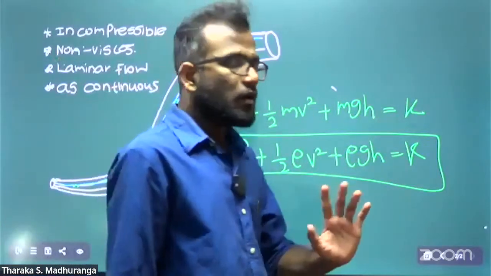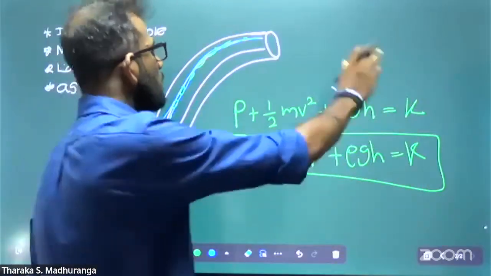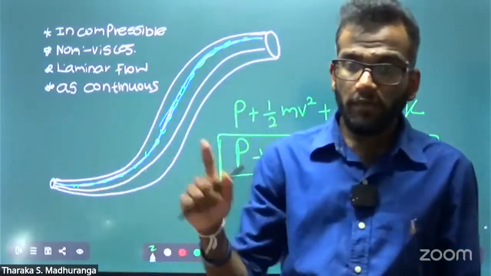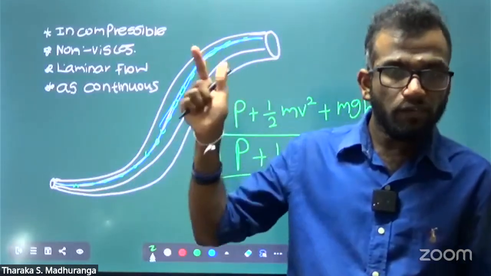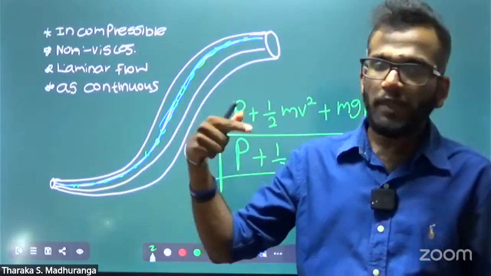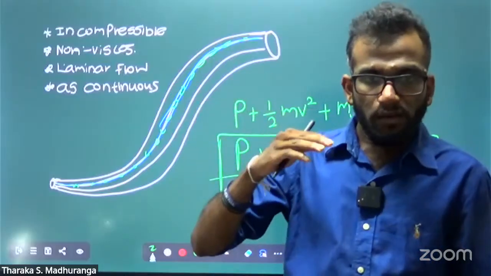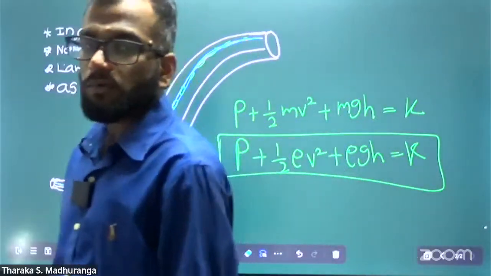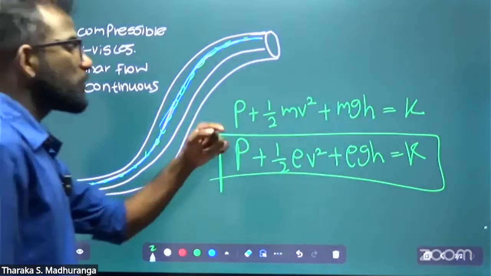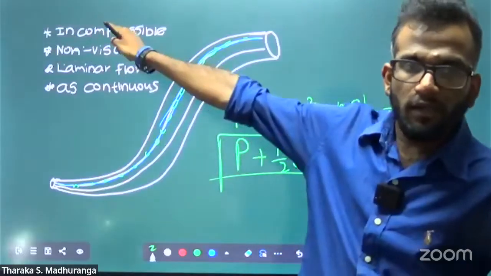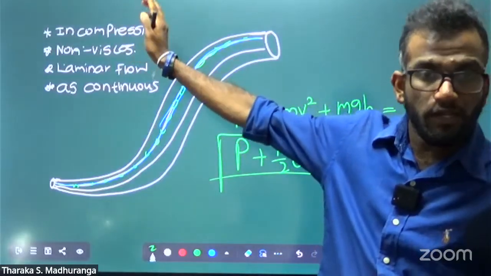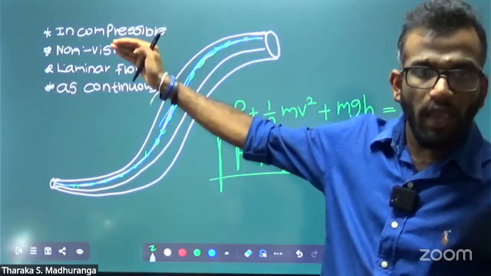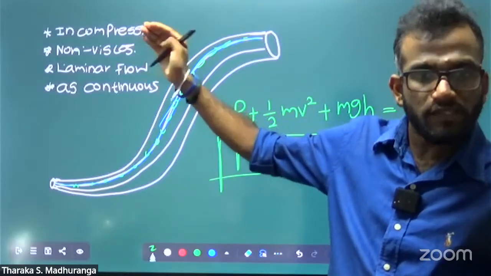Sometimes in the first part of the essay questions in the exam, they always ask you to write down Bernoulli's theorem. Then how do we explain? You want to start from here: incompressible, non-viscous fluid flowing as laminar flow continuously.